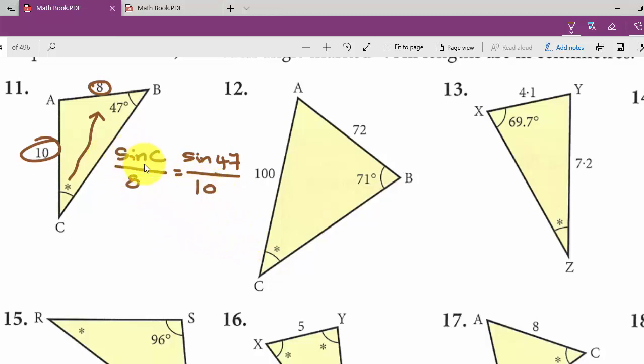Okay, similarly, to find sine of C, we will multiply 8 by sine of 47. Then the result divide by 10. So sine of C is 8 times sine of 47, and this result divided by 10.